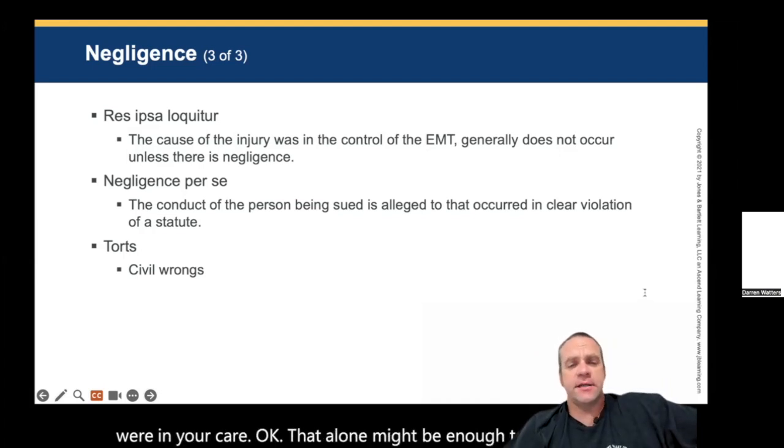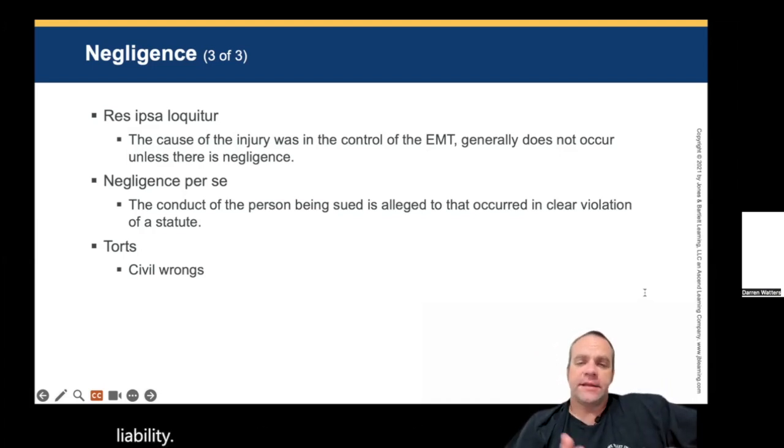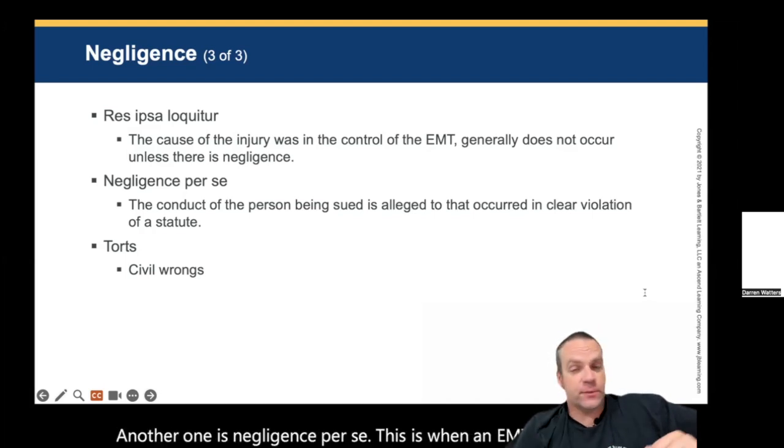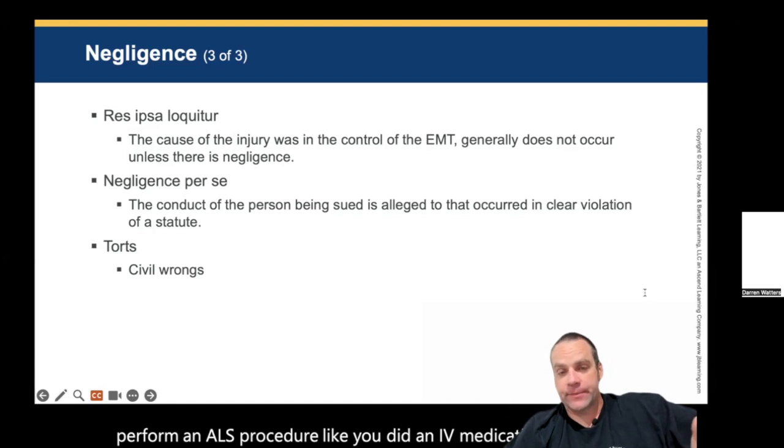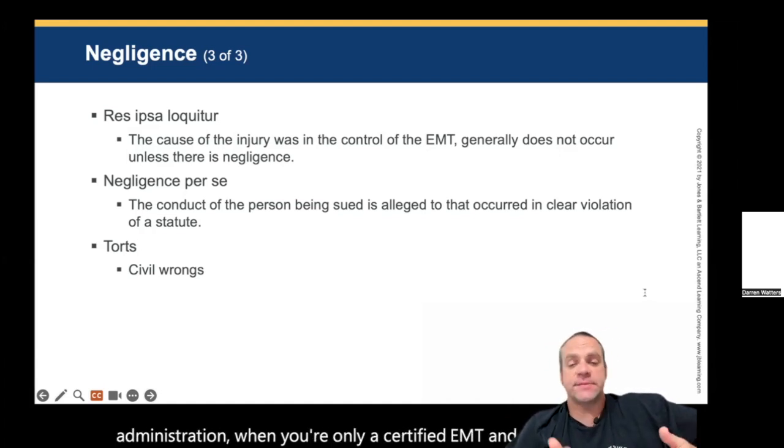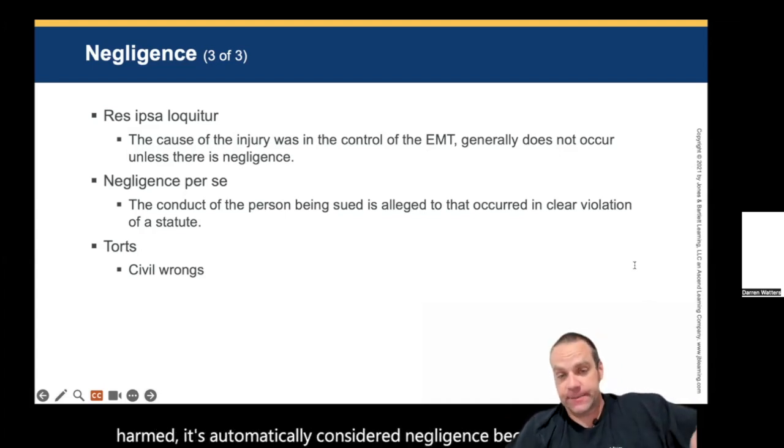Another one is negligence per se. This is when an EMT outright violates a law or protocol. Such as, let's say you perform an ALS procedure, like an IV medication administration, when you're only a certified EMT and the patient is harmed. It's automatically considered negligence because the act violated your legal scope of practice.